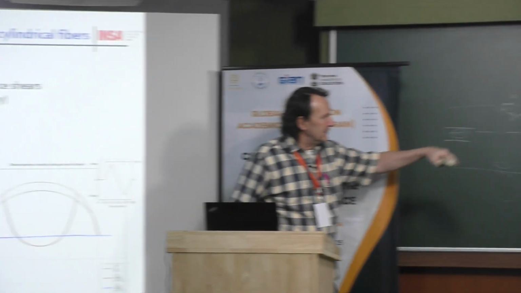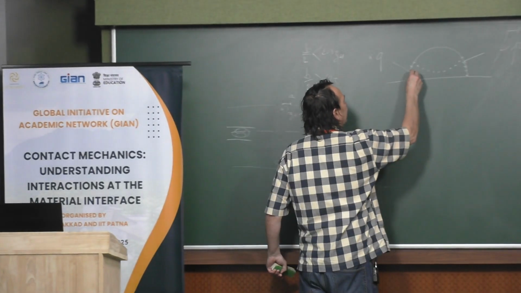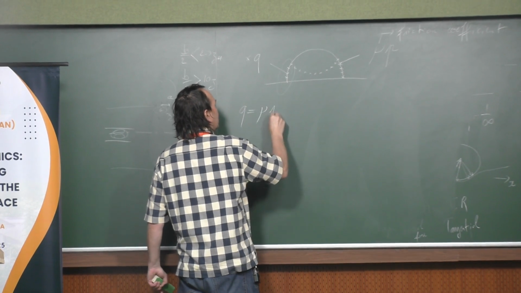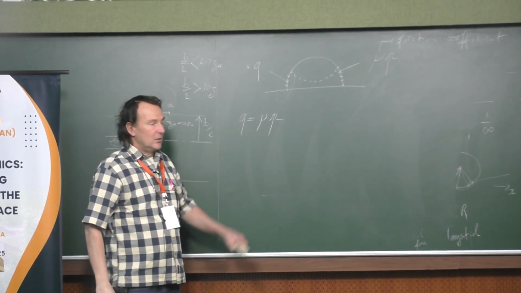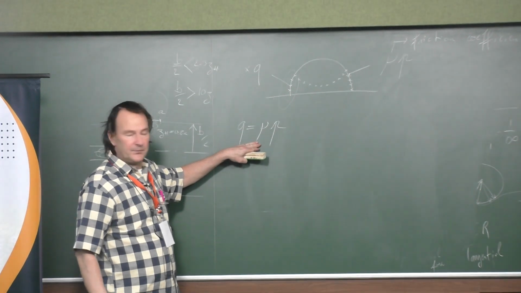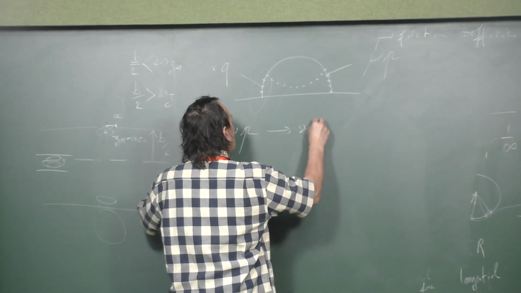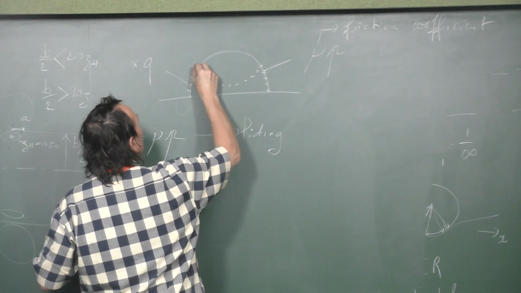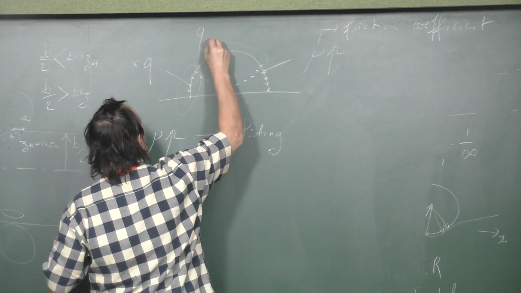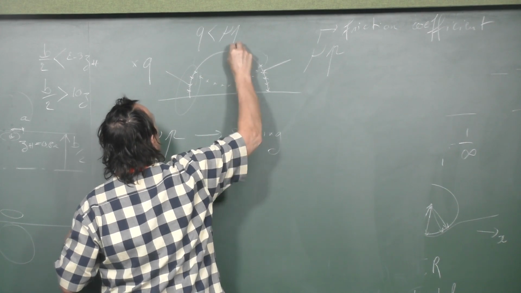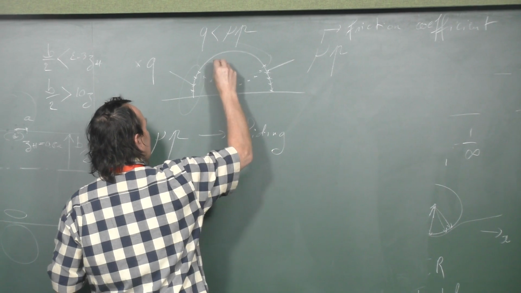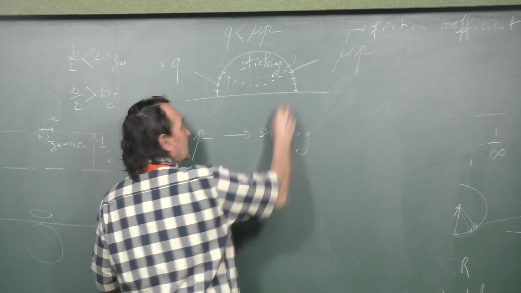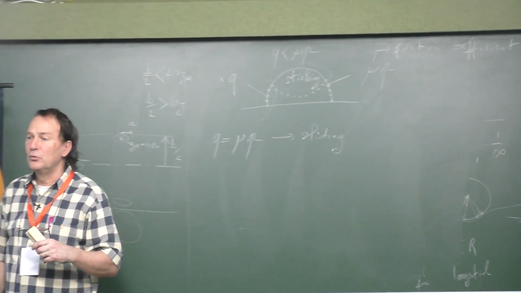And when you plot like that, you can see that in this area, you have Q equals mu times P, which means that you are sliding. And in this area, you have Q lower than mu times P, which means that here you are sticking. Okay, this is a Coulomb law.